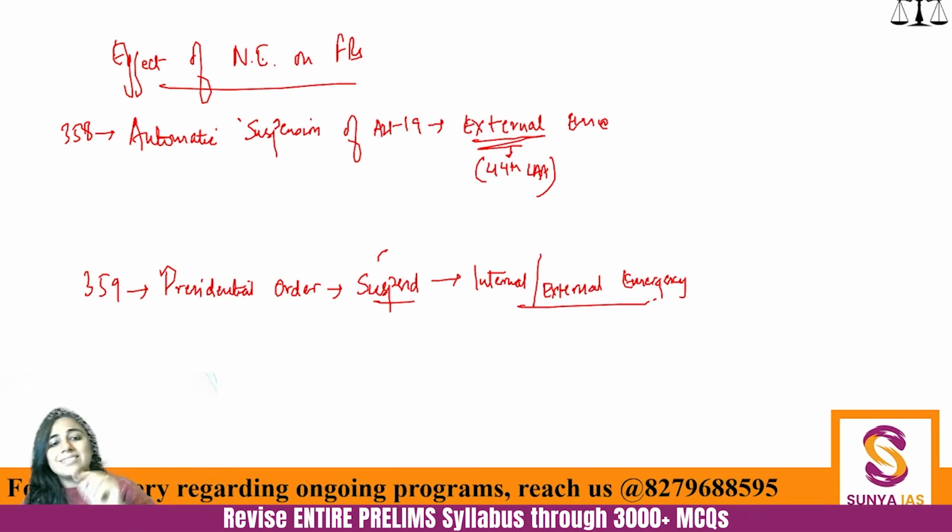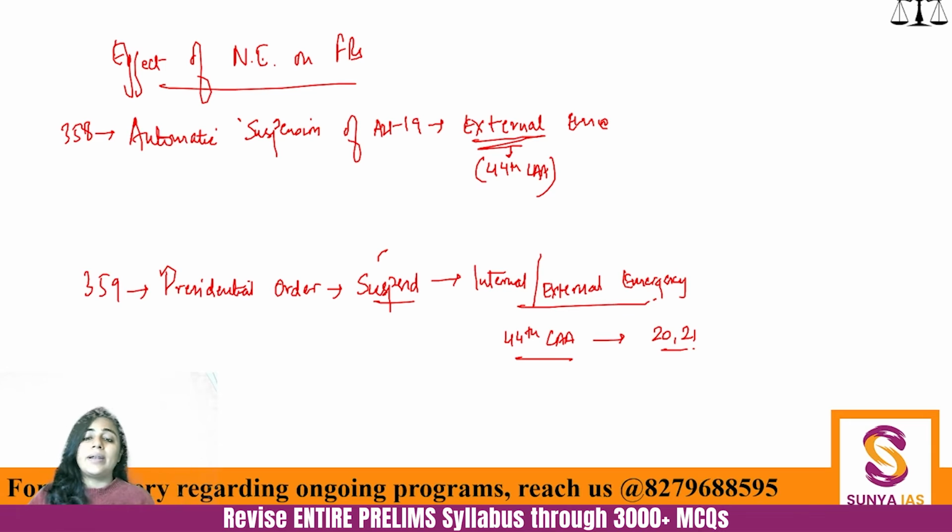Now, again, here is a caveat, and again, the good amendment comes to our rescue. The 44th Constitutional Amendment said that you can suspend any right, but you cannot suspend Article 20 and Article 21, because they are the lifeblood of liberty.